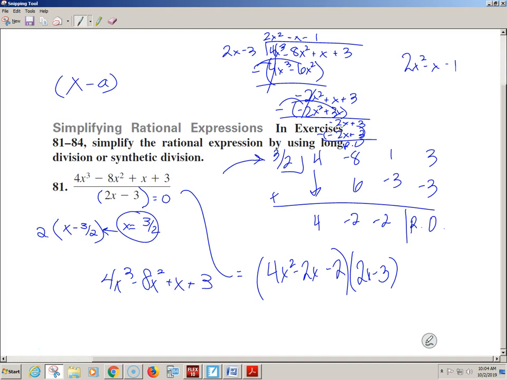So this is that with a 2 factored out. That gets us into a little bit of trouble with my answer, right? Because when I did synthetic division, technically this answer is for just x minus 3 over 2. So if I need to, oh, that's a problem. Well, that's okay. We can still do it, but just check it. We have to go ahead and write this as 2 times x minus 3 halves.